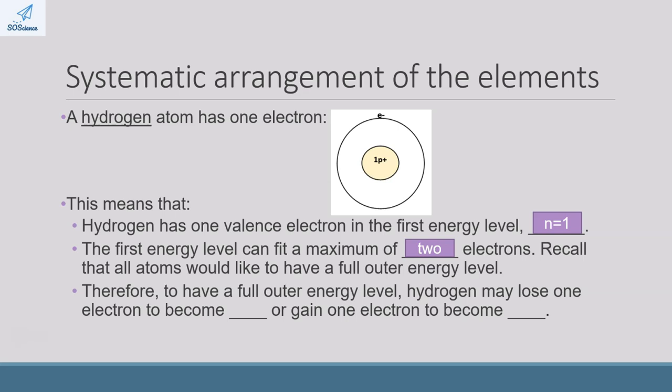So to have a full outer energy level, hydrogen may lose 1 electron. And if it loses this electron and it remains as just a proton, then it forms the ion H plus because it has a single positive charge. If it had to gain an electron, then it would become an H minus because it has 1 extra negative charge.